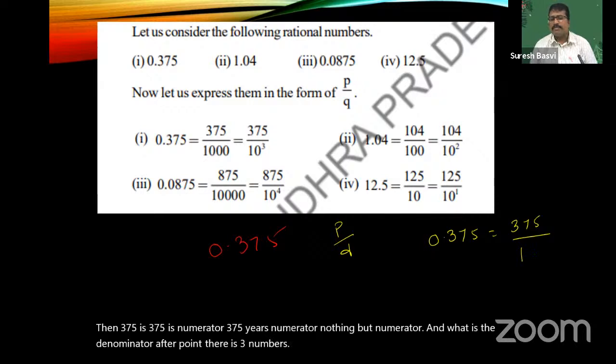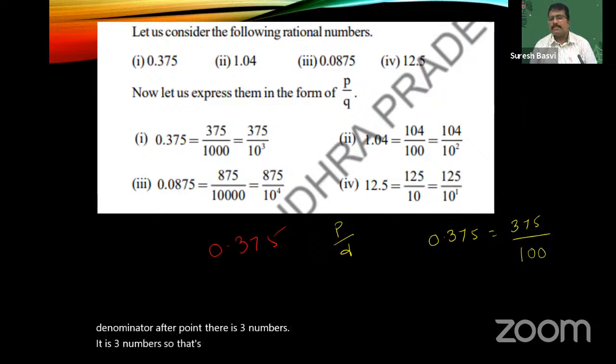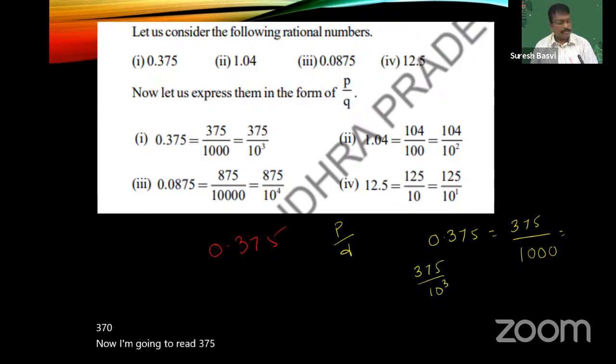So that's why you have to write 3 zeros after 1 in the denominator. Now I'm going to write 375 by 10 cube.